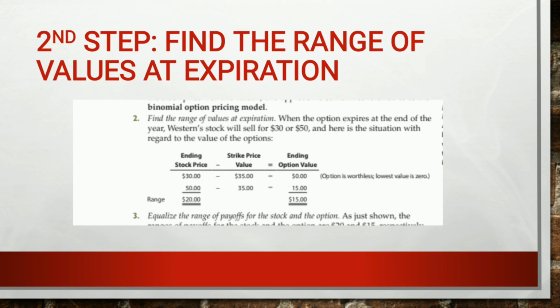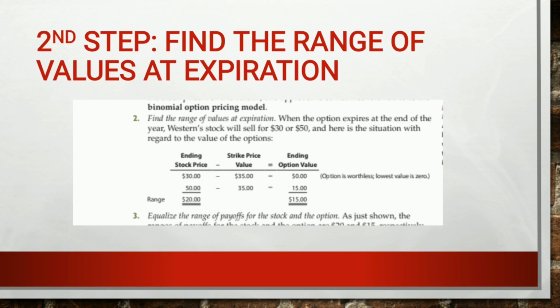That's the assumption, the first step. The second step is to find the range of values at expiration. When the option expires at the end of the year, Western's stock will sell for $30 or $50. Here is the situation with regard to the value of the option.